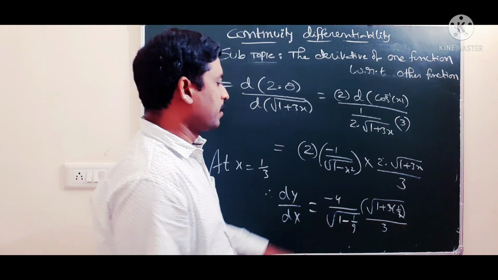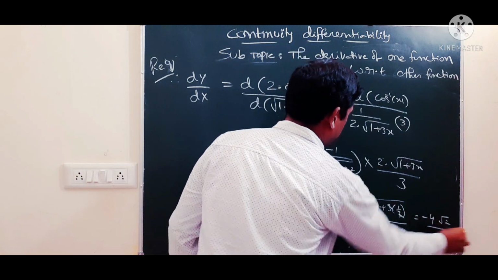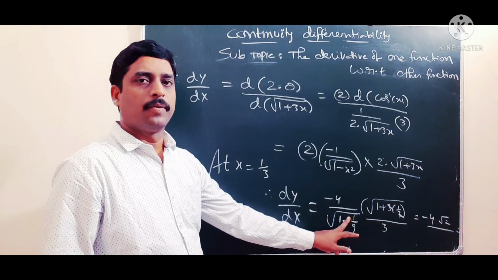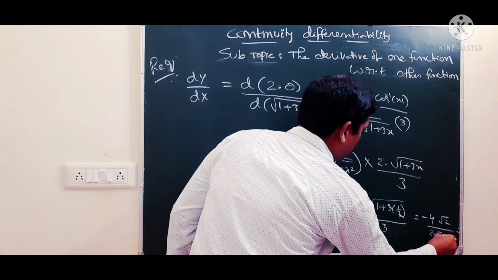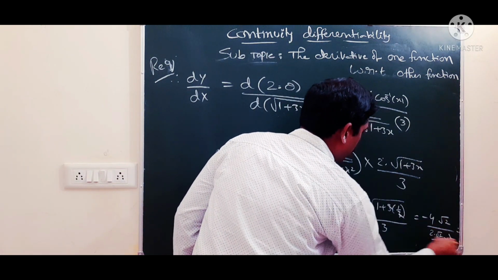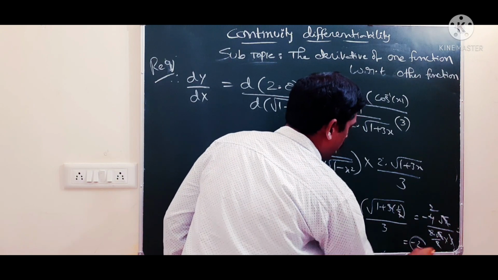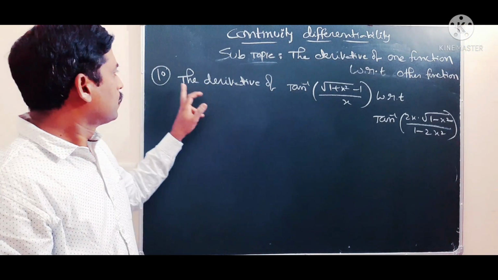So minus 4 root 2, this value is 9 minus 1, root 8 by root 9. So this is 2 root 2 by 3 into 3. The 3 cancels, root 2 cancels, and 2 and 2 cancel. So the answer is minus 2. Let us go to the next problem.